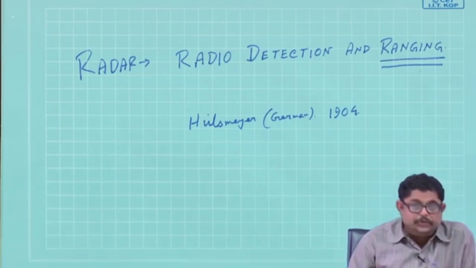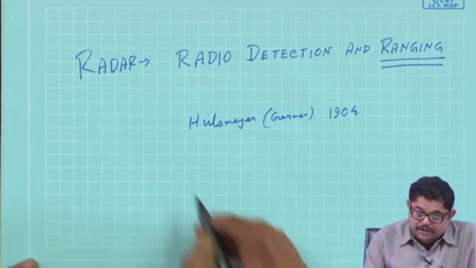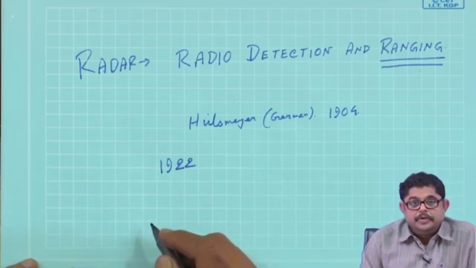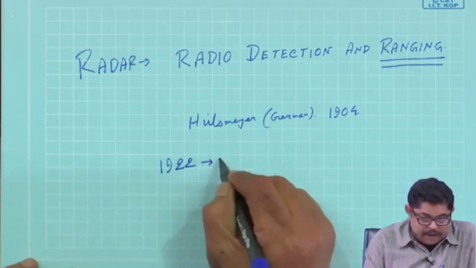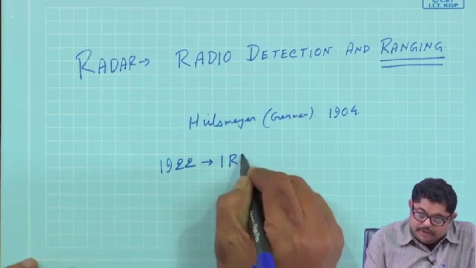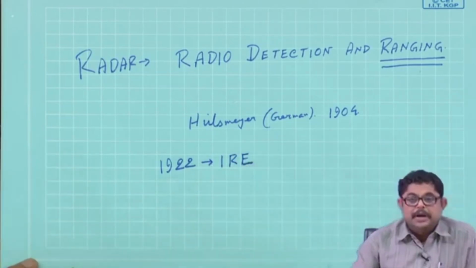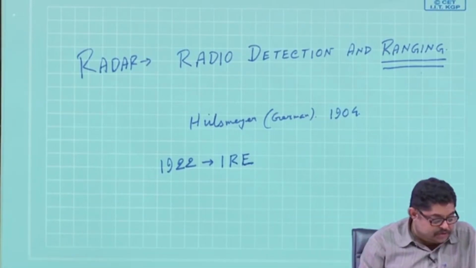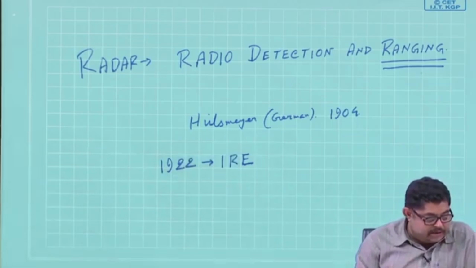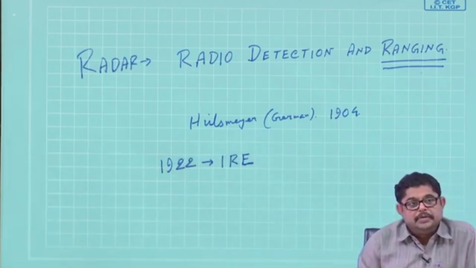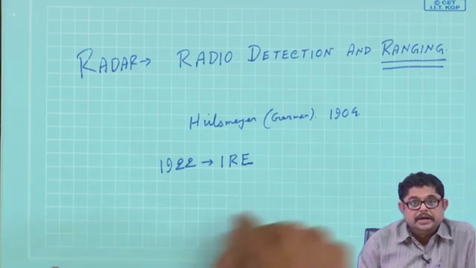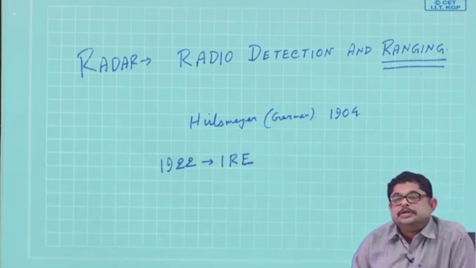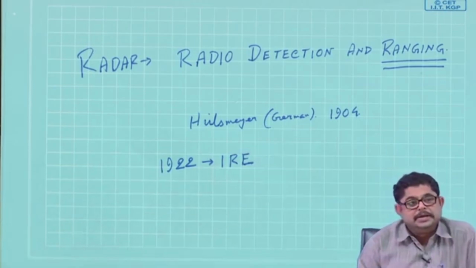He gave a speech in 1922 before the Institute of Radio Engineers, which was a precursor to our present day IEEE. This speech is available on the internet, in the IRE's 1922 volume, and is given on the IEEE site also.